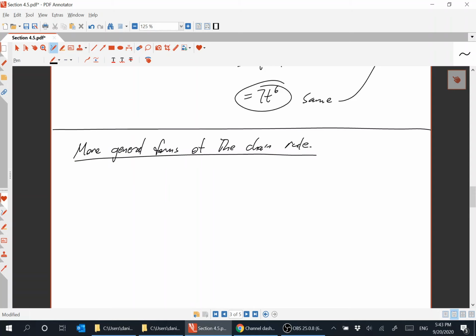So, I mean, say we've got a 3-variable function. Say w is a function of x, y, and z. And x is a function of s and t. y is a function of s and t. And z is a function of s and t.